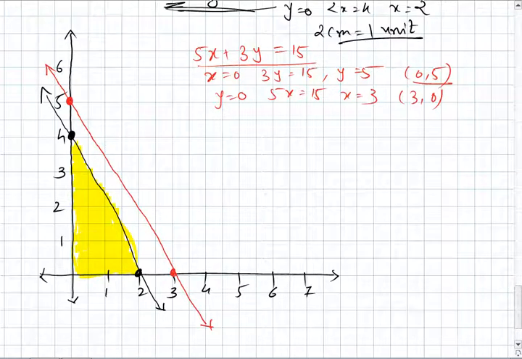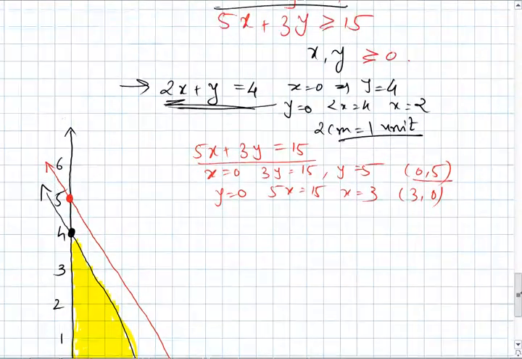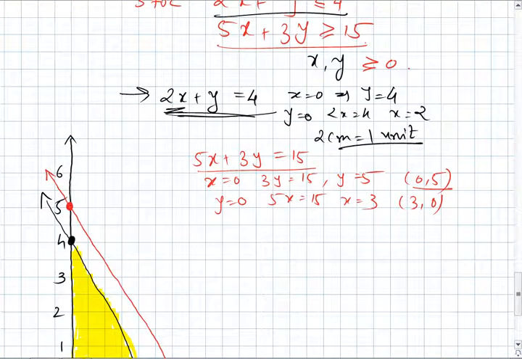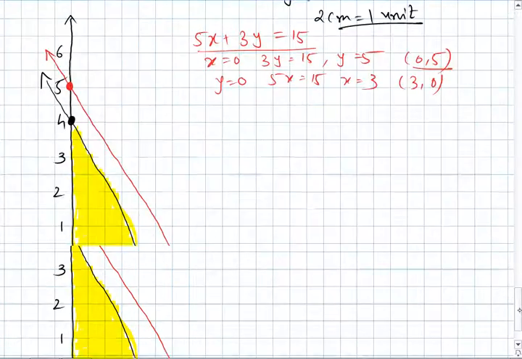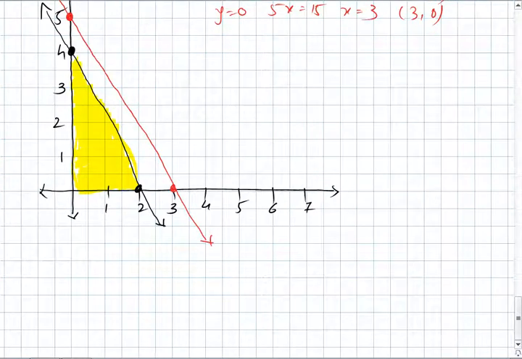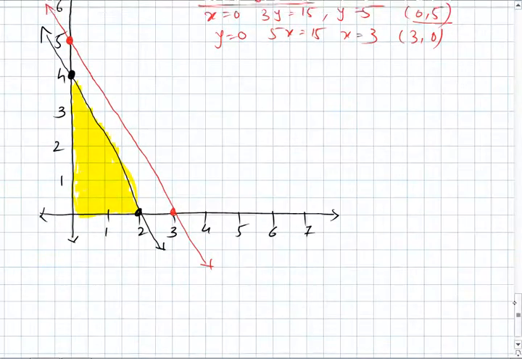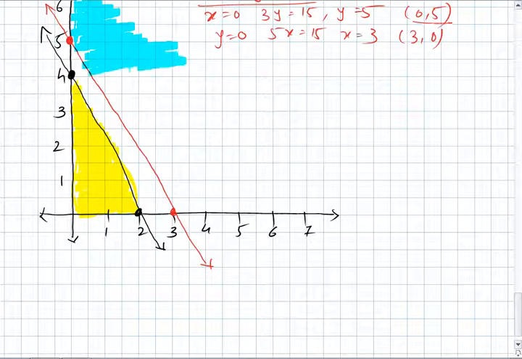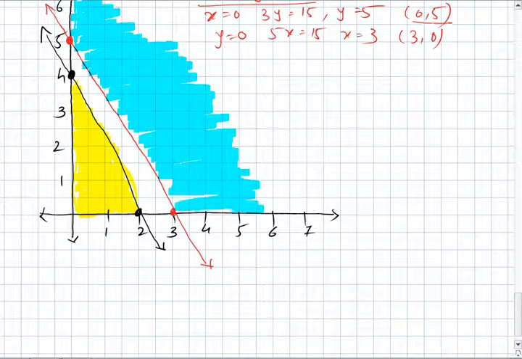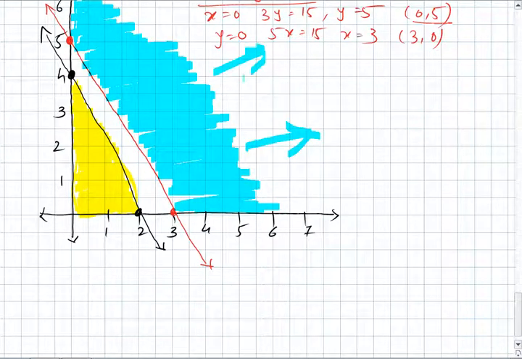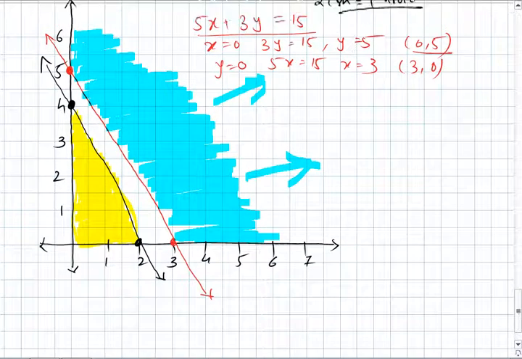Is this. Now we want the region having 5x plus 3y greater than or equal to 15.